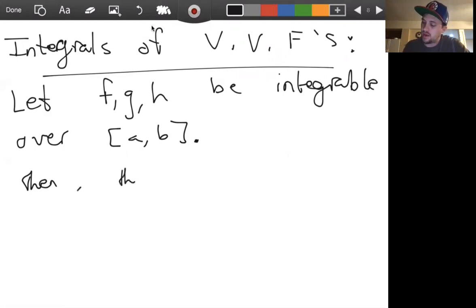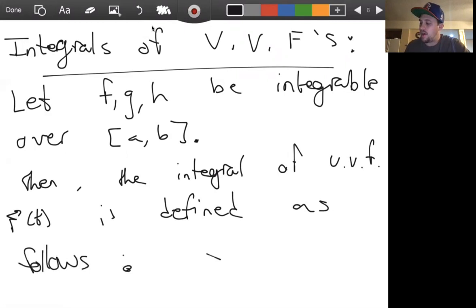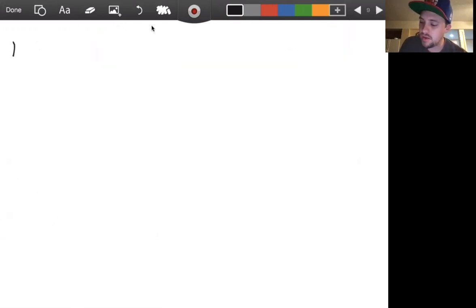The integral of vector valued function r of t is defined as follows. I'm going to use the next page because we need to define indefinite and definite integrals. So let's start with indefinite.